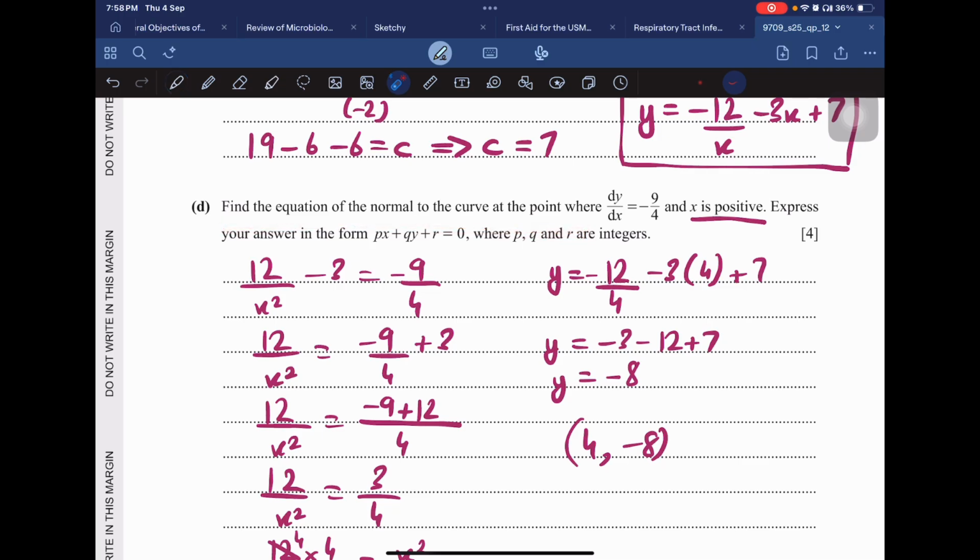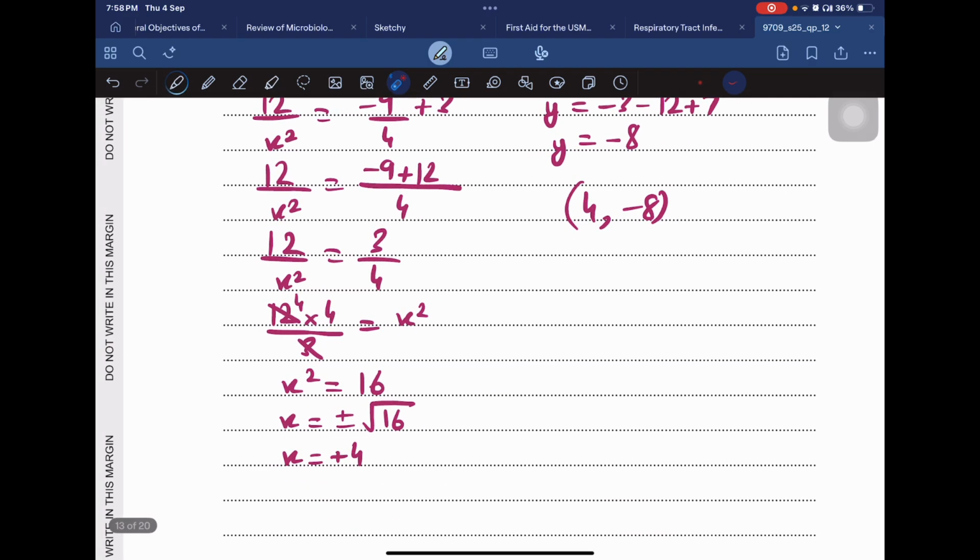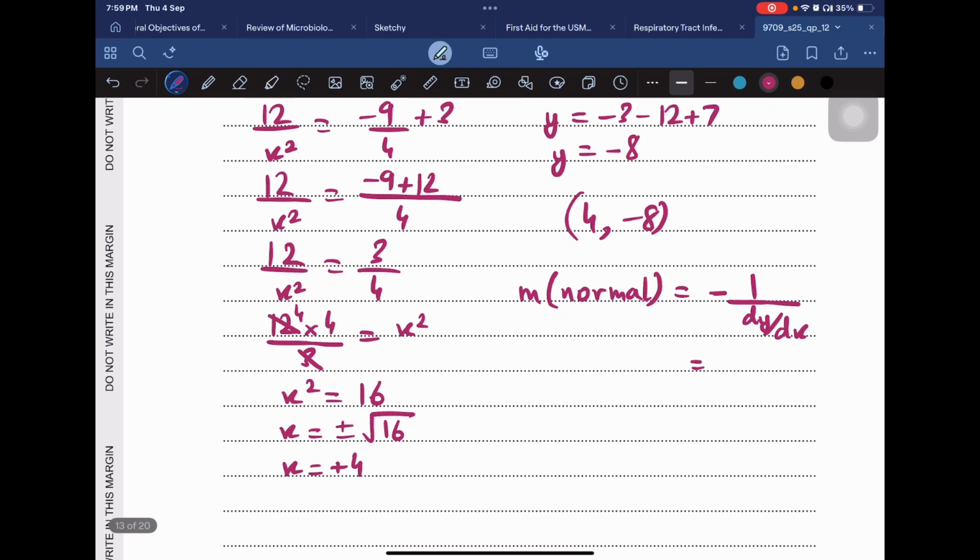So at that point we also have dy over dx. Now we know that the gradient of the normal will be equal to negative 1 upon dy over dx. So in our case, dy over dx is negative 9 upon 4, so it will be negative 1 upon negative 9 over 4, which is basically 4 upon 9.